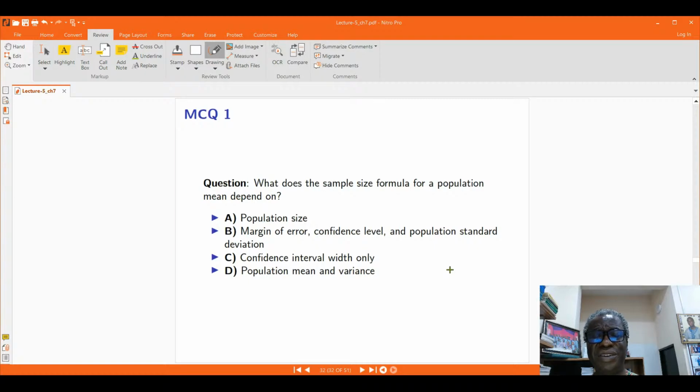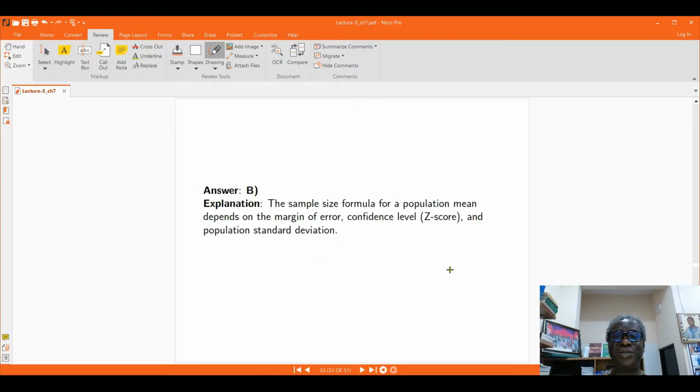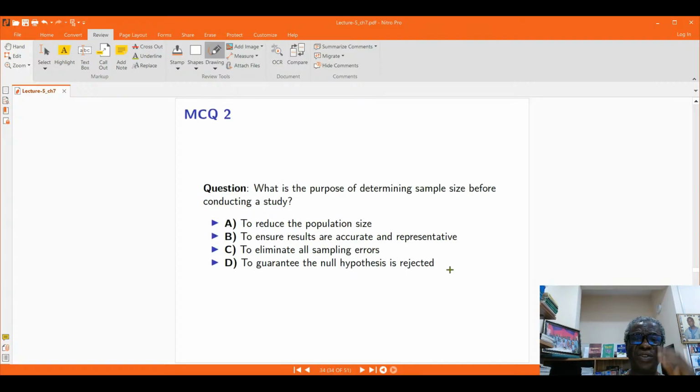If you recall, margin of error is there, the confidence level is there, then the population standard deviation. So the correct answer is B. The sample size formula for a population mean depends on the margin of error, the confidence level, and the population standard deviation. Question 2. What is the purpose of determining sample size before conducting a study?